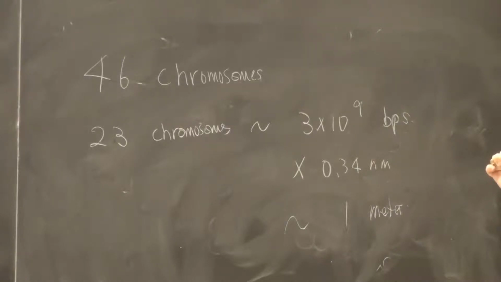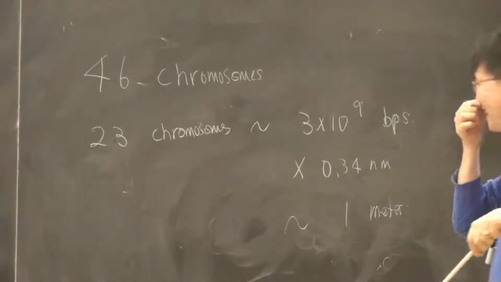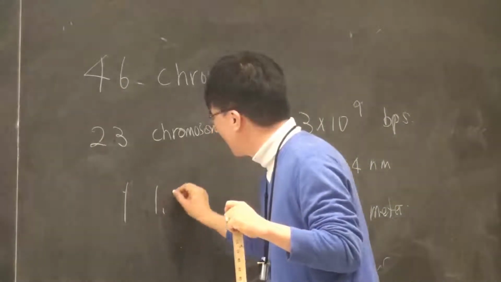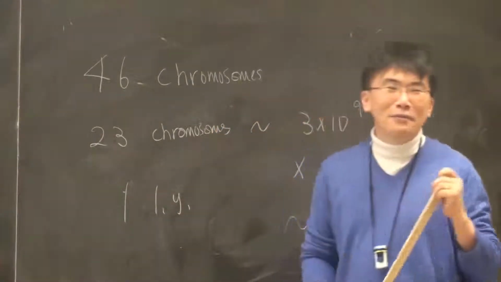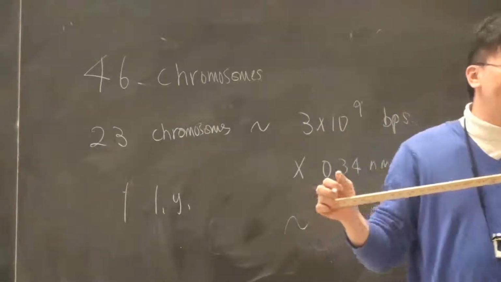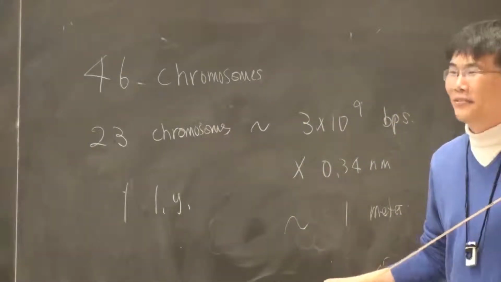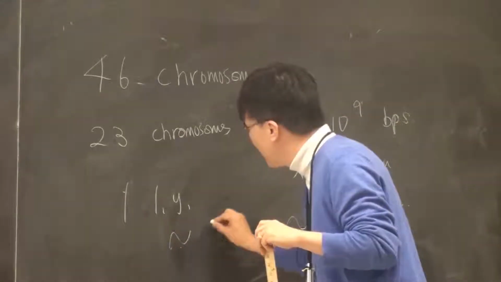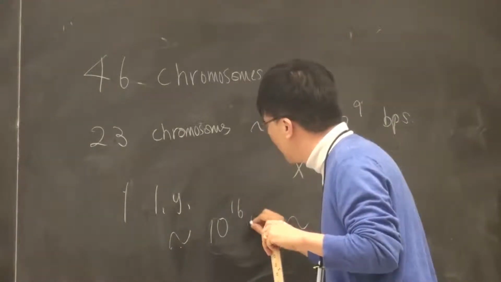We're still orders of magnitude too small. 1 light year. I almost forgot the light year is a unit of length, but it is, right? How far the light travels in 1 year, approximately 10 to the 16 meters.